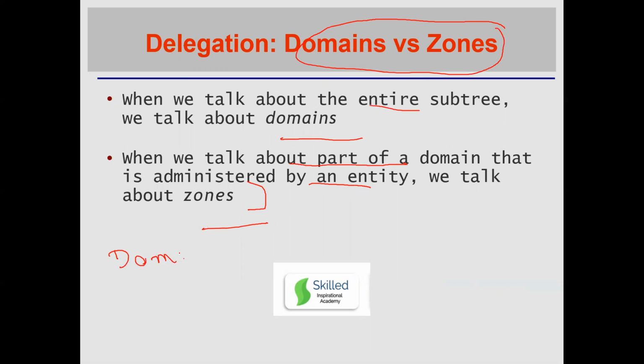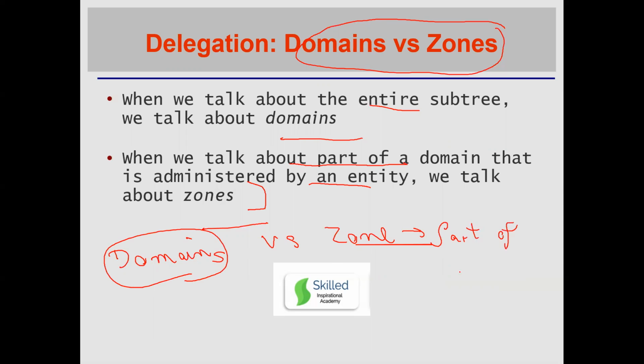Domain versus zone: the entire subtree is called a domain, and a zone is a part of a domain, administered by an entity.